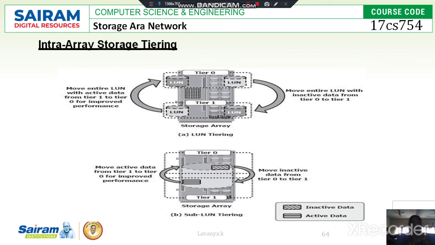Such that tier 1 holds the logical unit numbers as inactive data, but tier 0 holds the active data. See, this is the difference between tier 0 and tier 1 in the intra-array storage tiering.